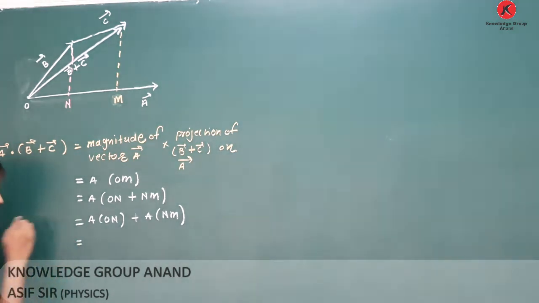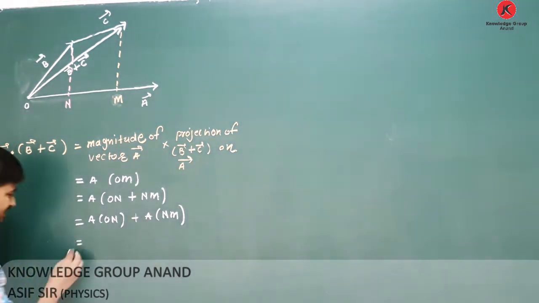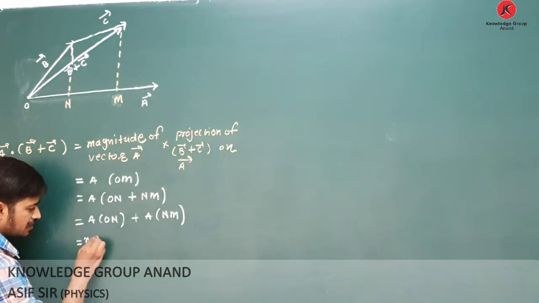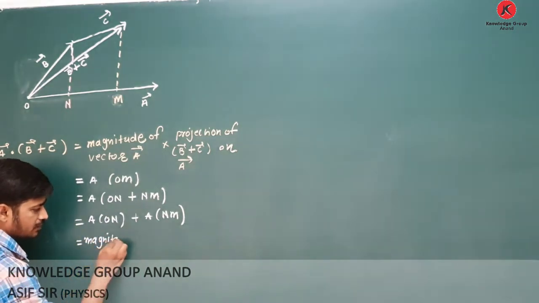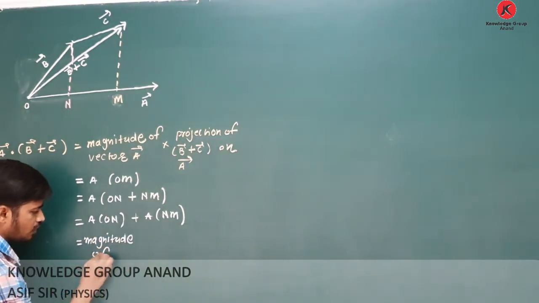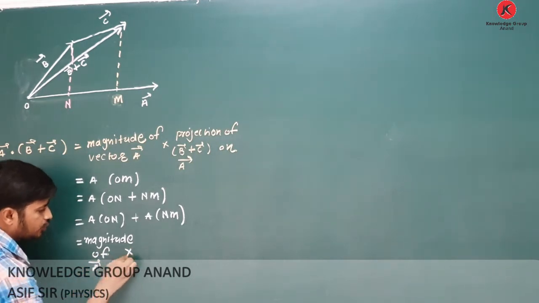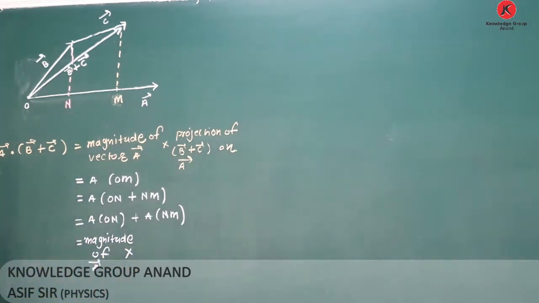Now see, A means the magnitude of vector A into what is the meaning of ON?